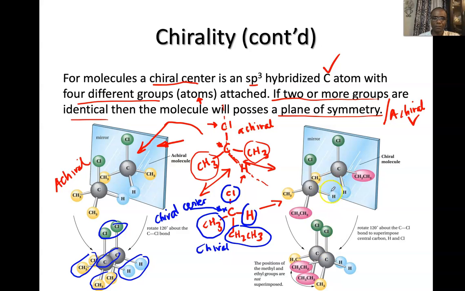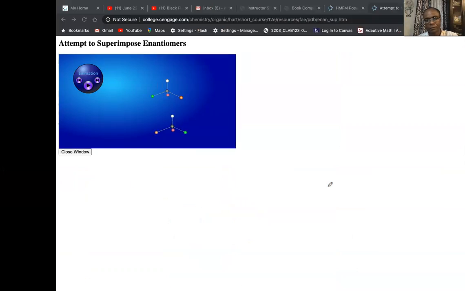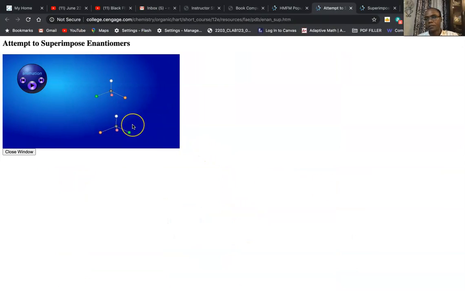Now this is not going to show you very well, so I'm going to use a simulation. So let's suppose we are matching these two molecules. You see how the black carbon has 4 different groups? So let's try and bring the second molecule to see if they're going to match.